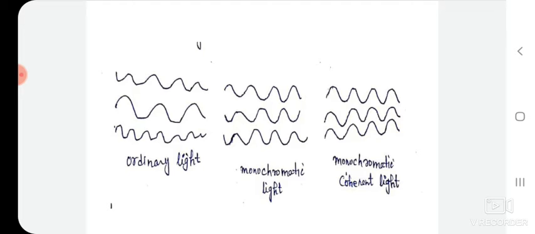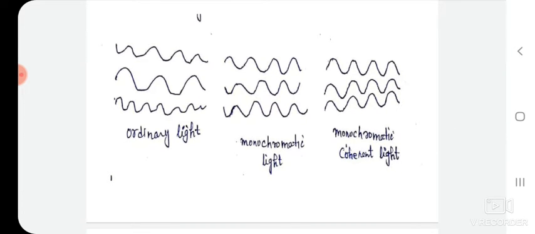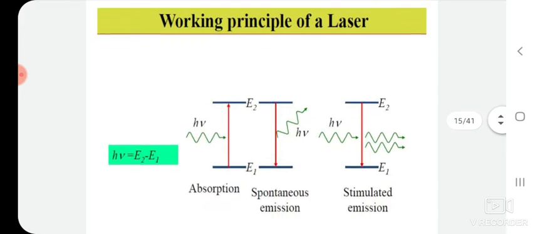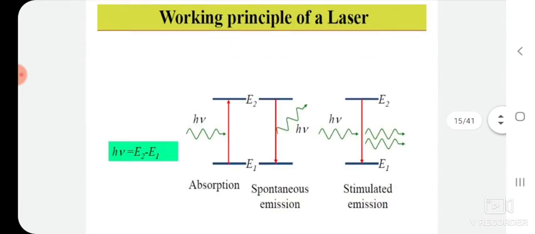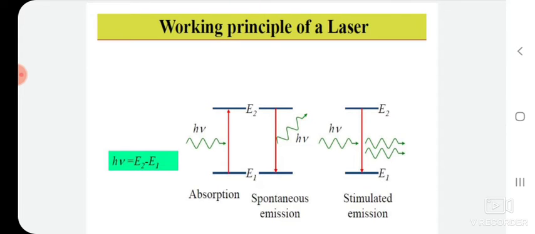Okay, do you understand? So now we are able to understand the difference between the ordinary source and laser source. Now we are going to move forward and understand the working principle of a laser.